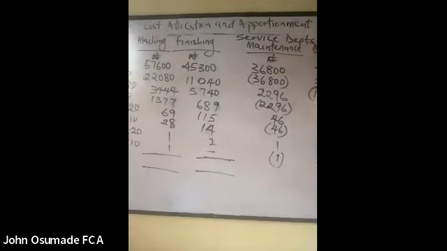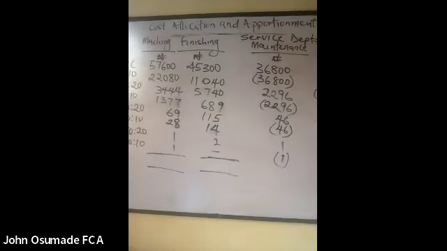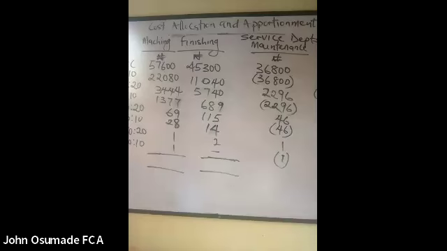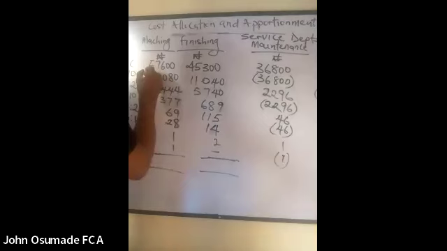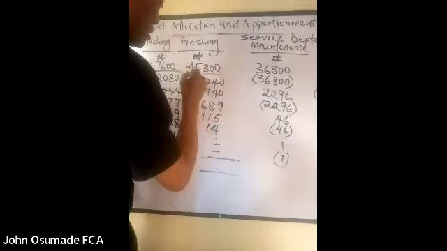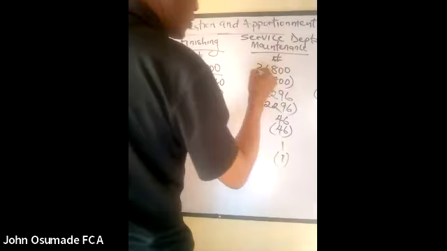So, what is total cost? 84,600. No, don't add this thing into it. Don't add the direct cost to it. The direct cost stands on its own.